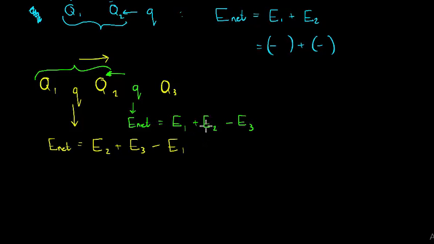Okay, and then what about if Q is here at the back? Then obviously all of them are on the same side, so the net electric field produced this time is E1 plus E2 plus E3.